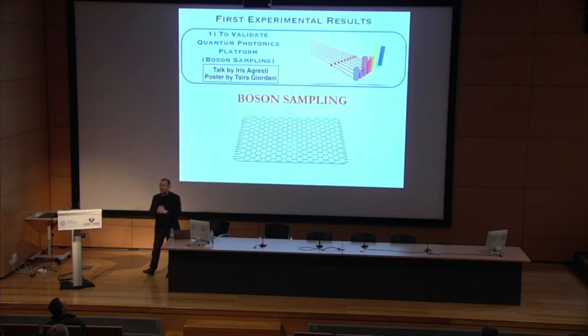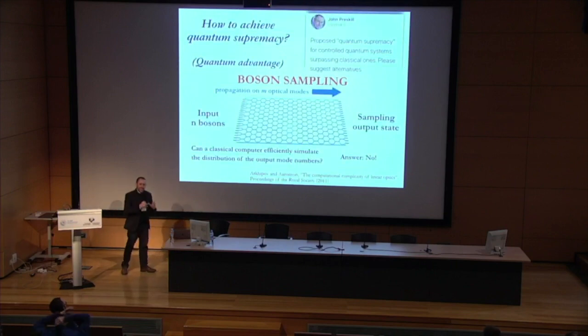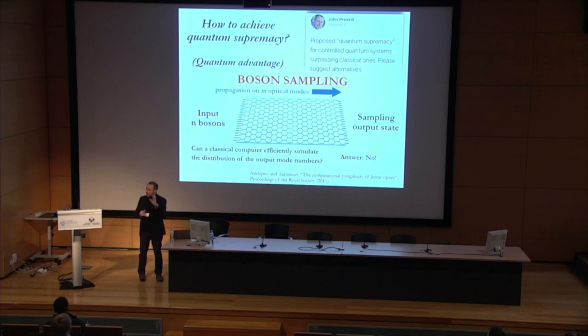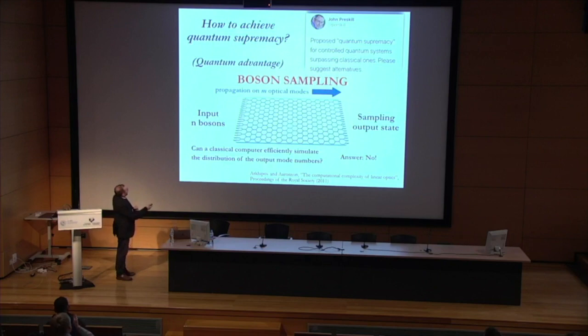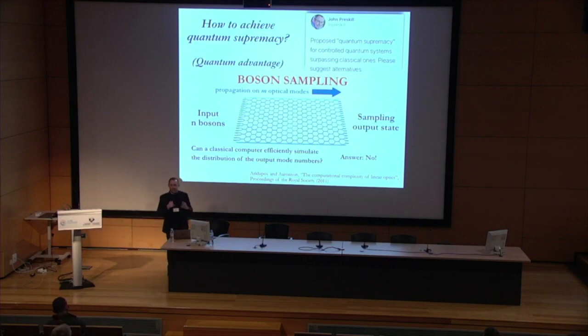And specifically, I'm going to focus on the photonic scheme which has been most discussed in the last few years, which is Boson sampling. Since the audience is larger, I would like to briefly introduce the topic to identify what is the key point from our perspective. So Boson sampling was introduced in the quest of the so-called quantum supremacy regime, or according to the last few months of discussion, quantum advantage, because it's more scientifically sound.